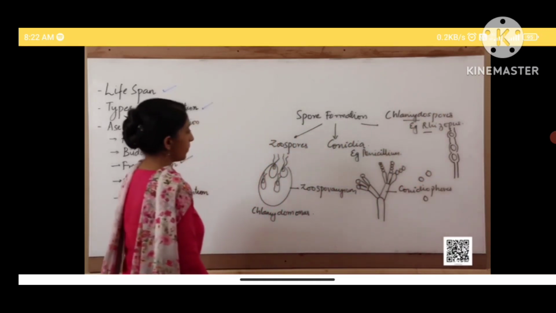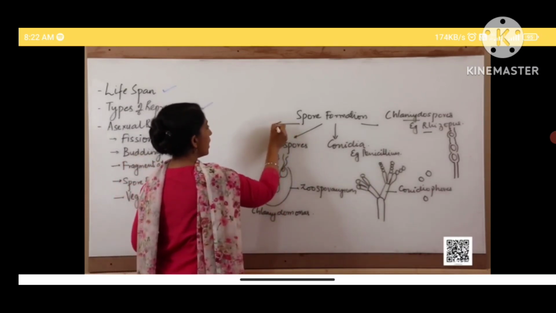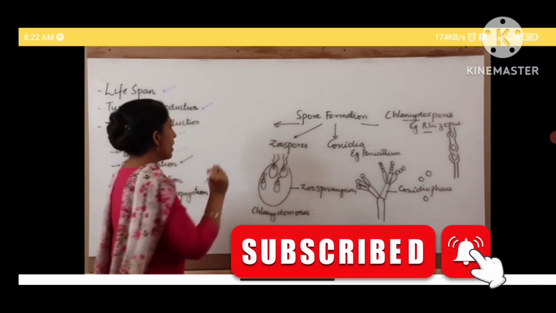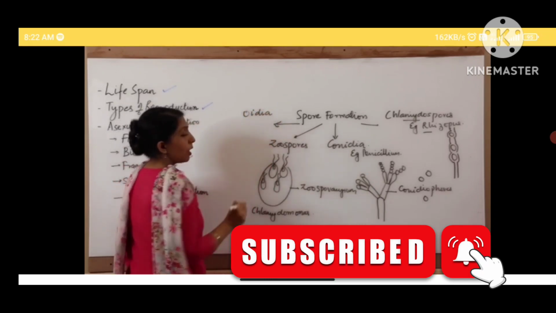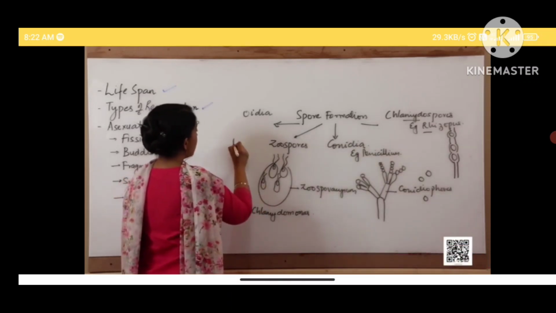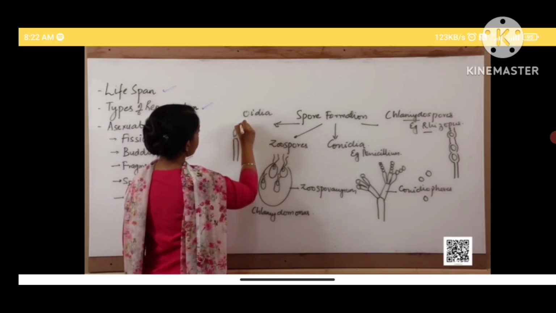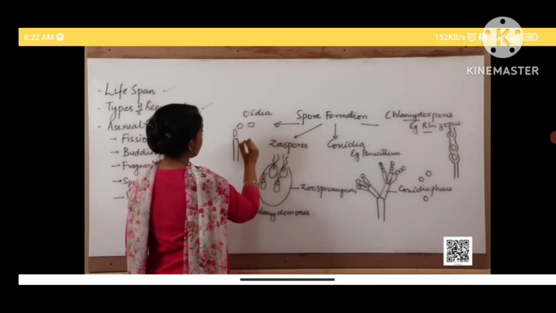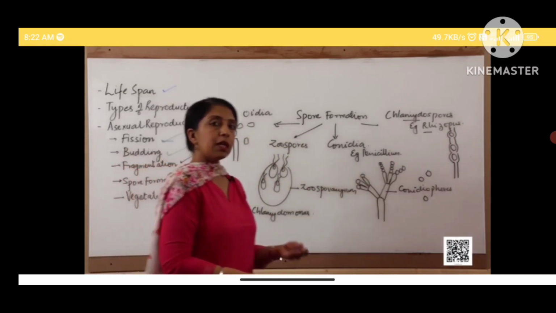Another type of spores that are formed in certain fungi are the oidia. These spores are thin-walled and again non-motile, and they are nothing but fragments of the specialized hyphae. These fragments, when they fall on a substratum, give rise to the new individual.